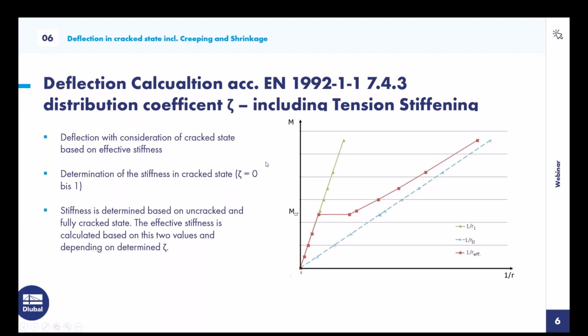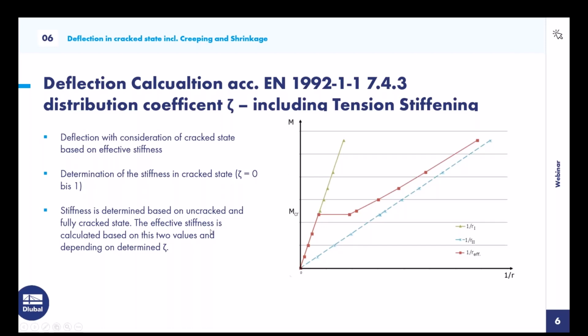So this means there's not only the completely uncracked or completely cracked state, there's a state in between. So the deflection is calculated based on an effective stiffness. This means this distribution coefficient could not be only 0 or 1. It could have every value between 0 and 1.